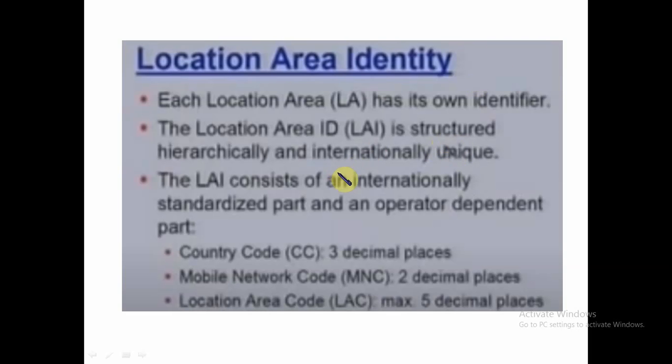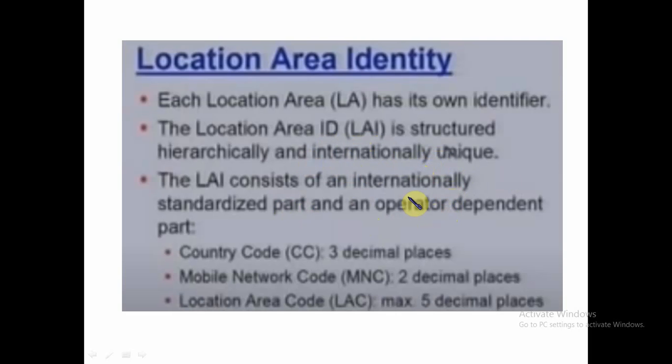It is internationally unique, so that we can point out the exact location of the user in the network. The location area ID, which is called LAI, is structured and internationally unique.